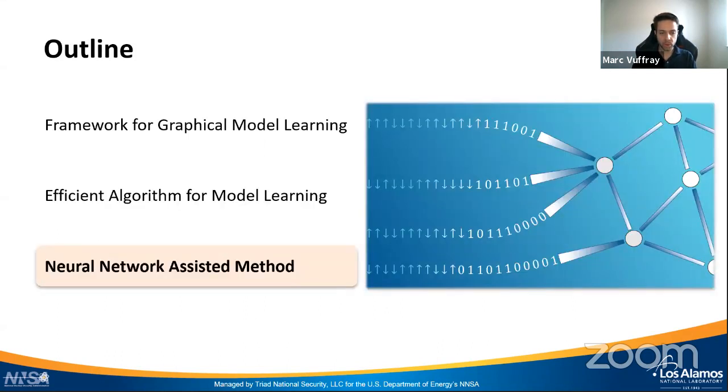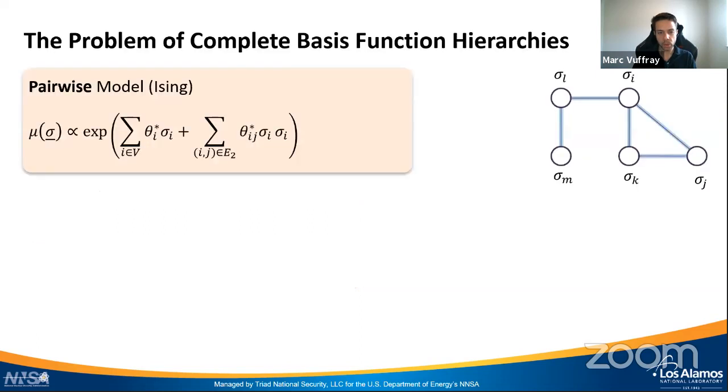All right, so the second part of the talk is about how to bypass this exponential scaling in the size of the clique when you want to learn certain graphical models, and how to use a neural net to bypass this.